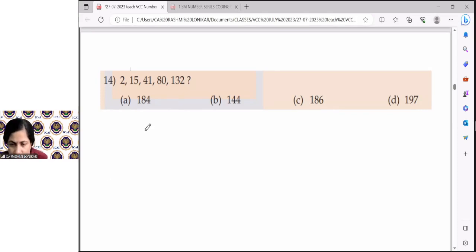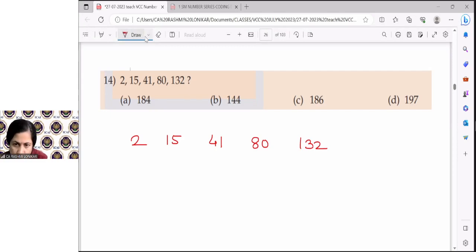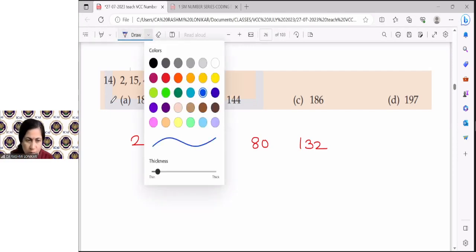Now the 14th sum. This is 2, 15, 41, 80, 132. From 2, it is going to 132.